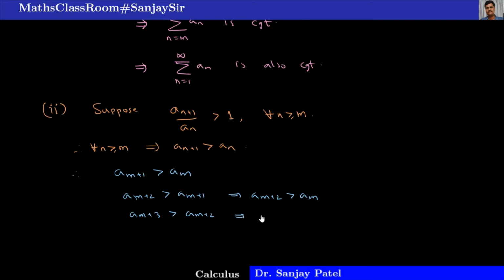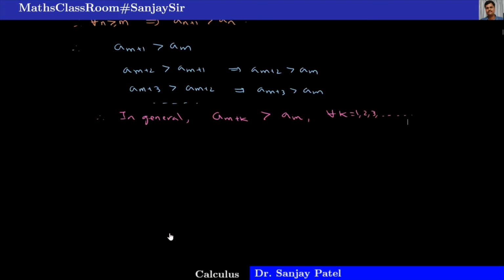So I can write am plus 3 is greater than am. If we continue this way, then in general am plus k is greater than am for every k equal to 1, 2, 3 and so on.